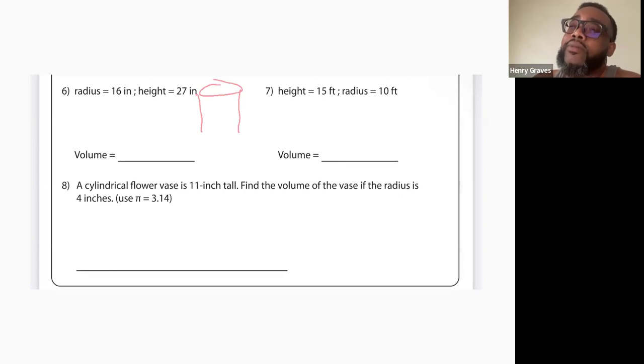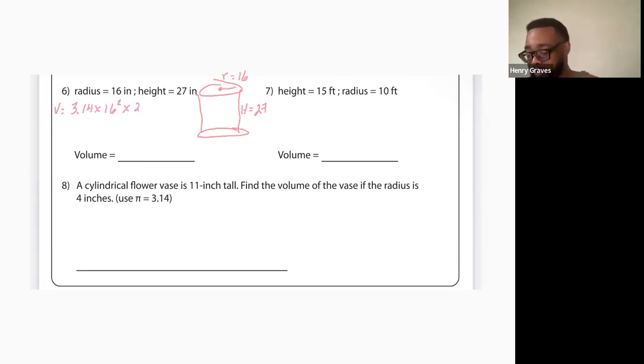H. Radius is equal to 16. So my volume is going to be 3.14 times 16 squared times 27.